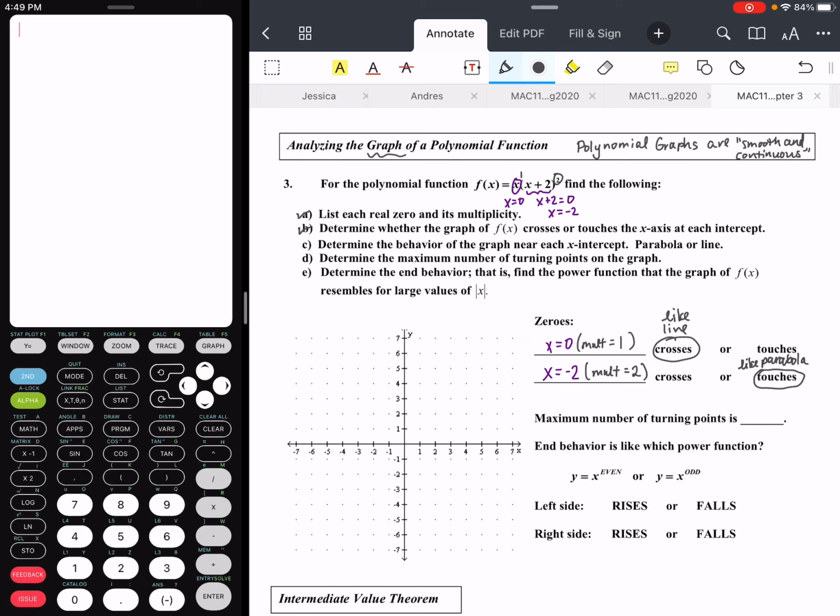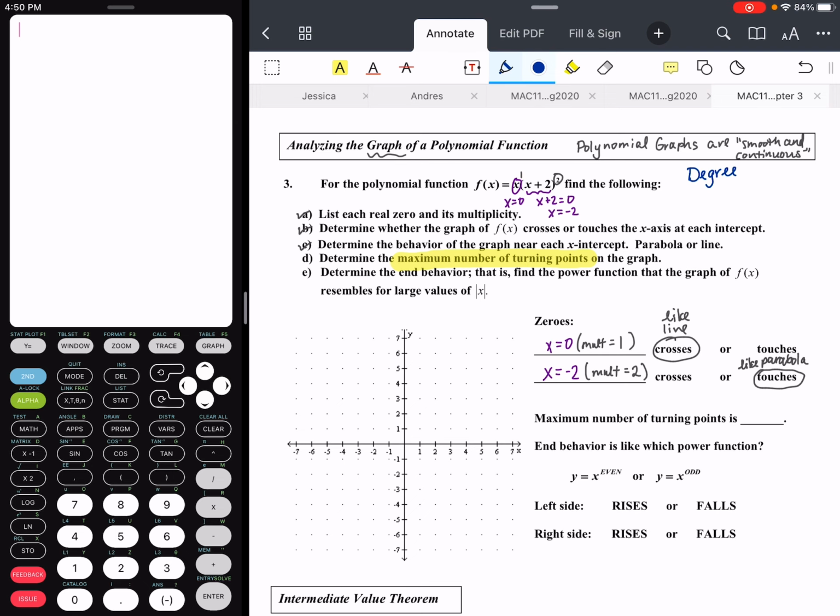Determine the end behavior. We already did that. D, determine the maximum number of turning points on the graph. This is something else we also haven't talked about. So let's take a quick pause. For the maximum number of turning points, first you need to figure out what the degree of the function is.